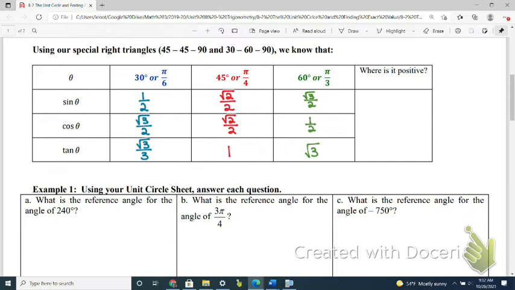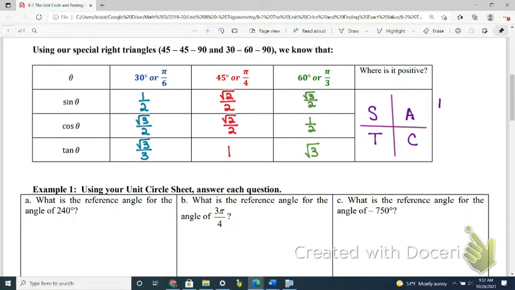So we need to know where things are positive. To do that, we have our x-y axis. We need to remember: all students take calculus.